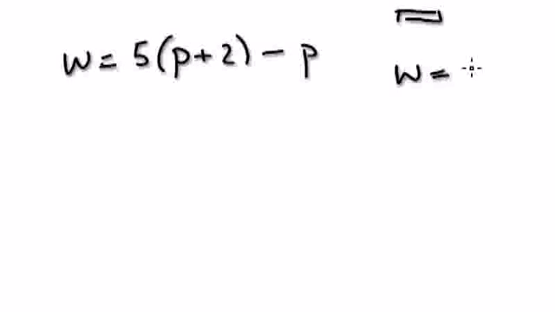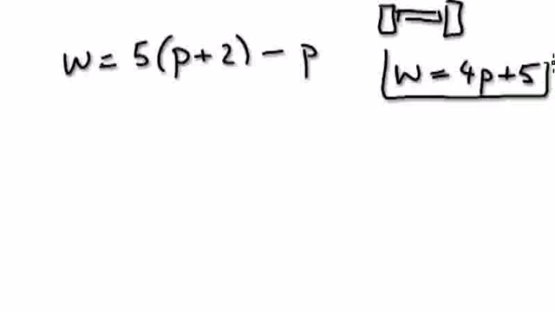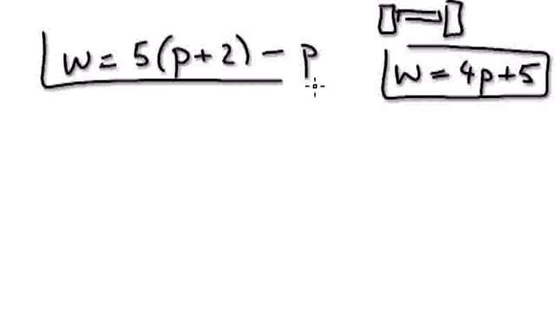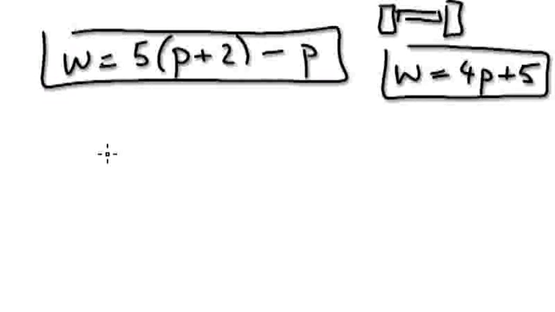So another way of doing this would be 4P, and then we would add 10 to close it off. Remember? So we've got 2 ways here. One is this way, and the other way is where we work out the whole rectangle, and then we take away P.